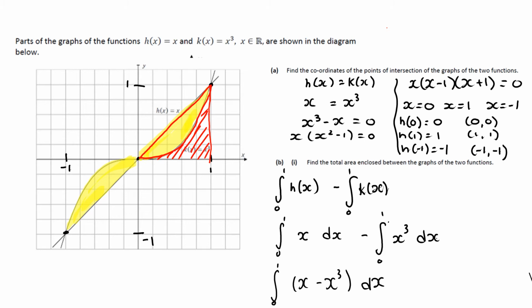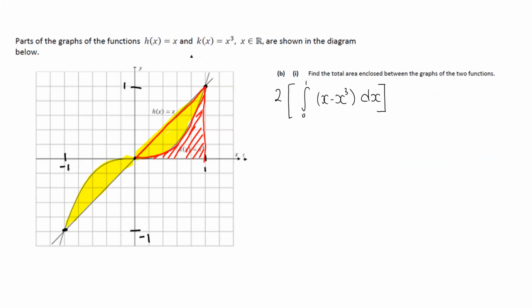So what I'm going to do then is multiply this by 2 to get the full area. We're going to do this integration now. So it's 2. When you integrate, we add 1 to the power, divide by the power, add 1 to the power, divide by the power, and that's going to be between 0 and 1.